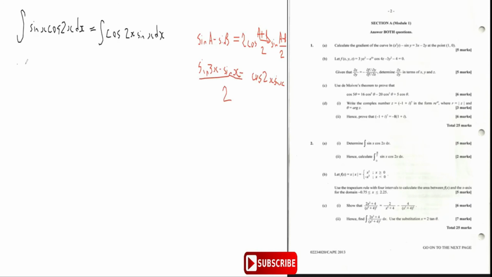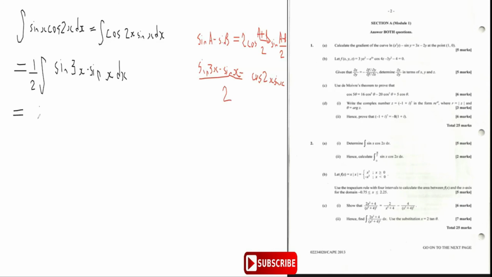What I am saying then is this integral can be looked at as a half times the integral of sine 3x minus sine x. You see how this works out much easier? Nice and easy, soft. Now we can go ahead and integrate this without much worries.